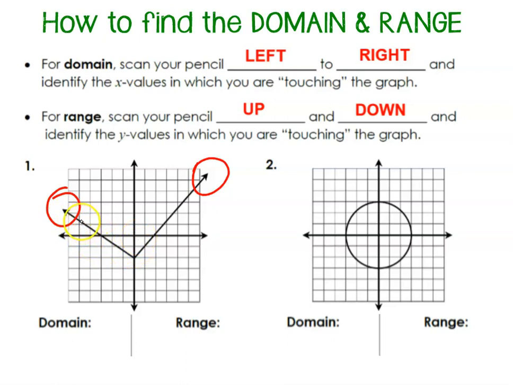So if I was touching here, and here, and here, and in between all of these, that is an infinite amount of values. But the domain is how far to the left and how far to the right the graph goes. So if you see those arrows, that means it's going to keep going and going.